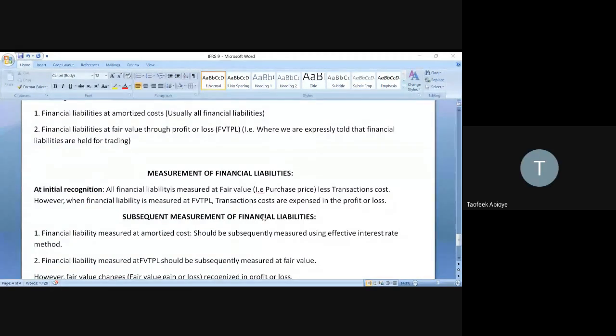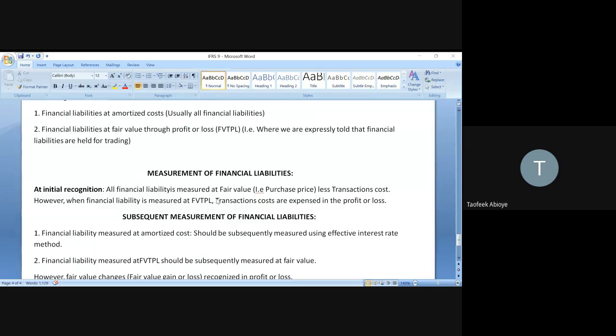All right. Let's continue. Now, measurement of financial liability, just like the same. All financial liability is measured at fair value, that is purchase price, less transaction cost. So if you remember, our financial asset is plus transaction cost, but financial liability is less transaction cost.